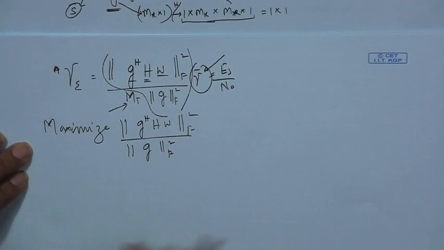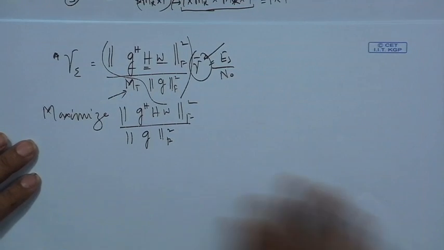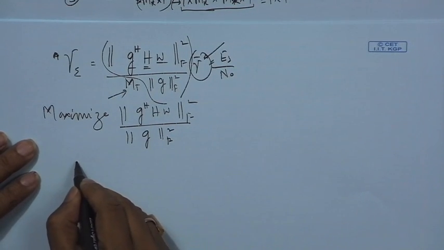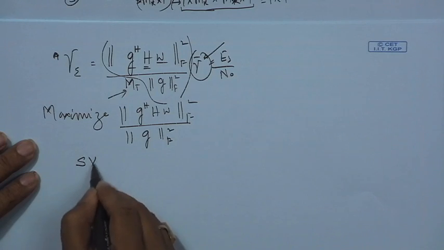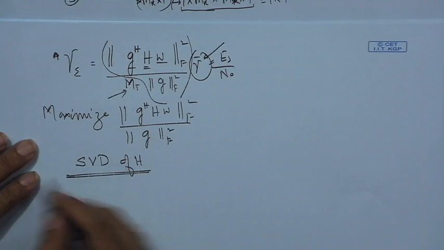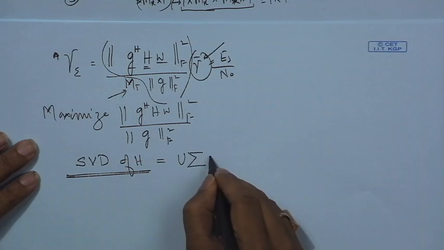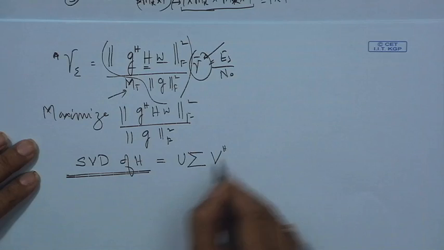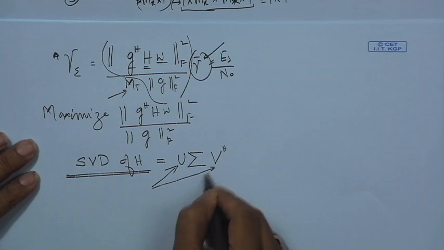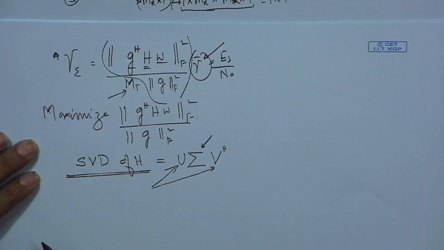This could be done in many ways. So what we would be proposing directly, instead of actually deriving through which maximizes, we would like to use the SVD of H. So SVD of H could be U times sigma, some big matrix, times V Hermitian, where U and V are unitary matrices, and sigma is the singular value diagonal matrix.